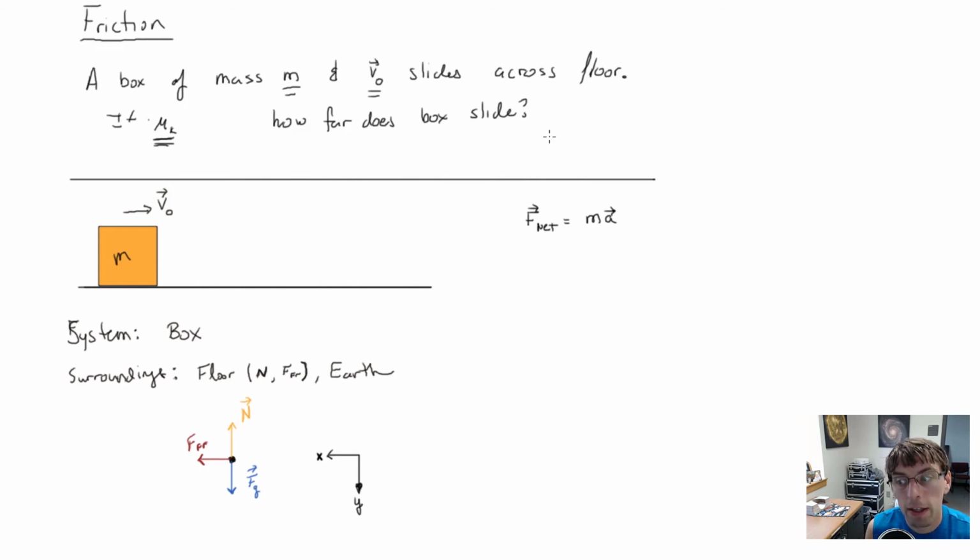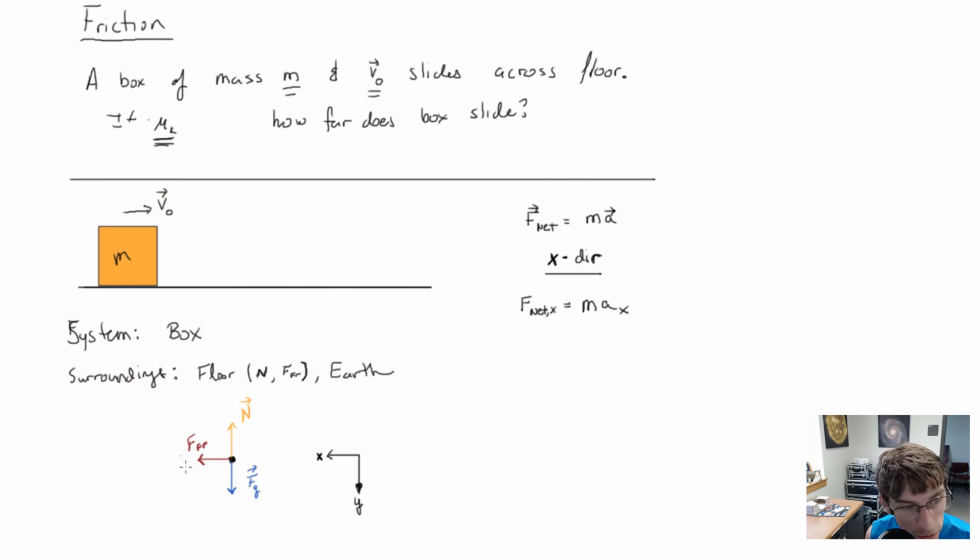And here, it's the acceleration in the x direction. So I am going to look at the x direction first. So I have F net in the x direction is equal to mass times the acceleration in the x direction.